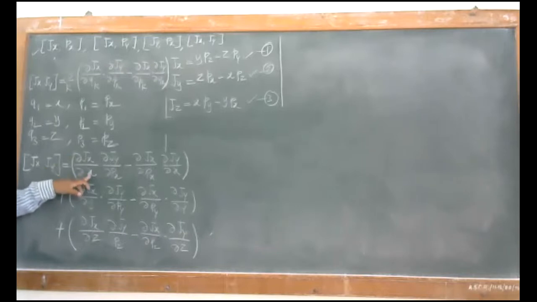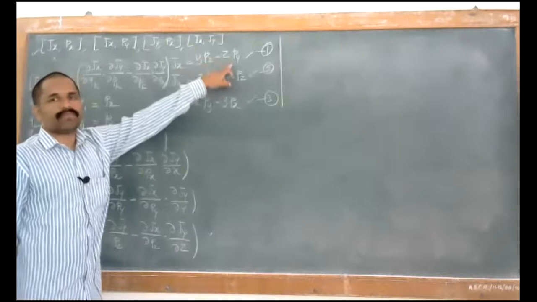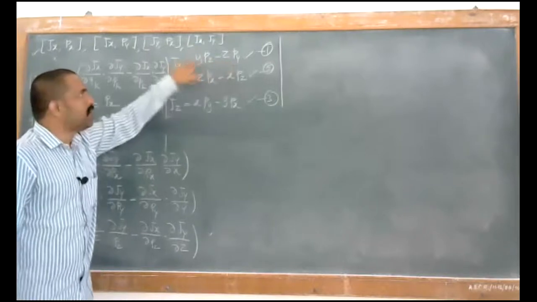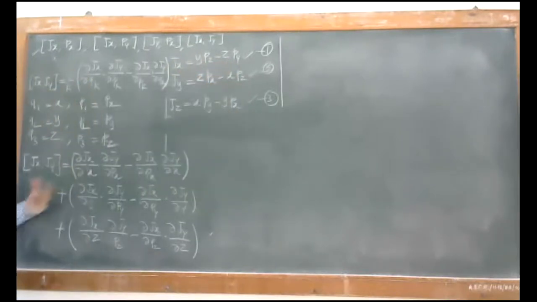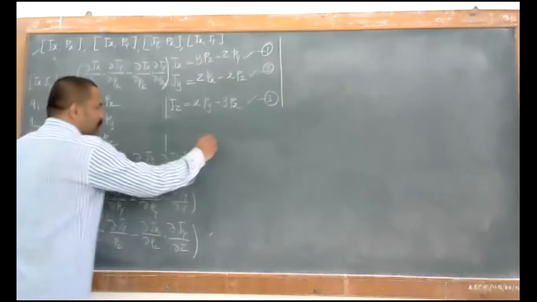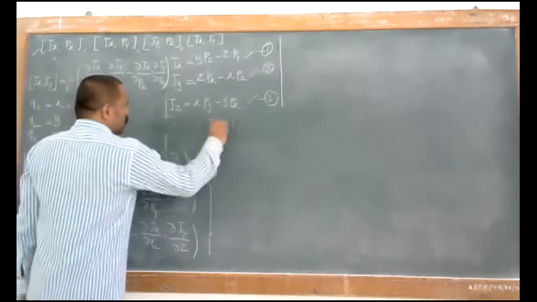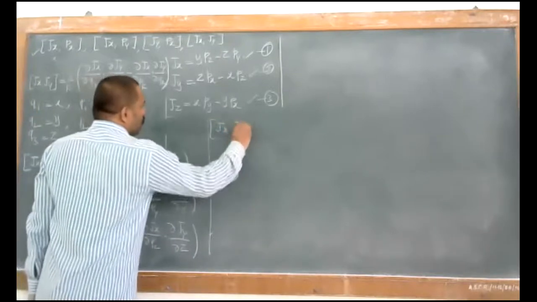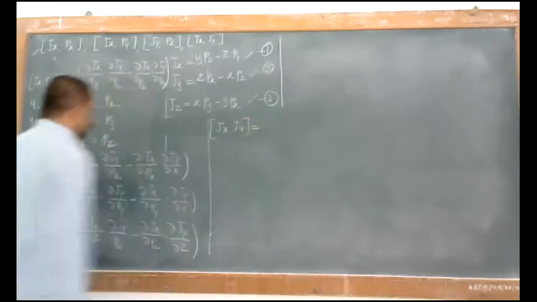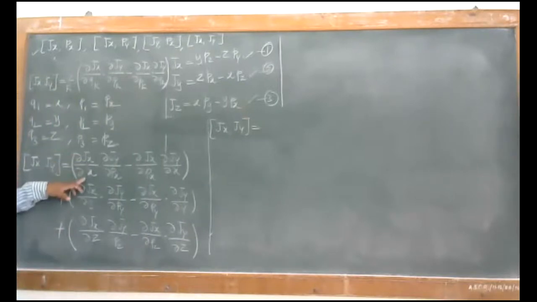Jx varies with respect to x, but just check it out. There is no value here with respect to x. Here there is y pz, here z py, so the value of this first term will be 0. So I'll write this, the Poisson bracket of Jx, Jy. Okay, in this, the first value comes to 0, so there is no need to calculate the second value.